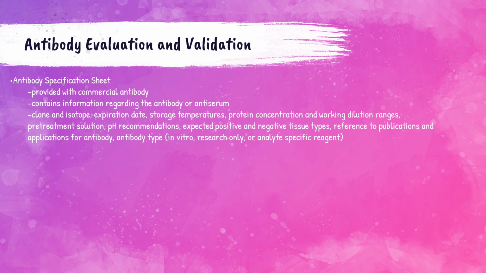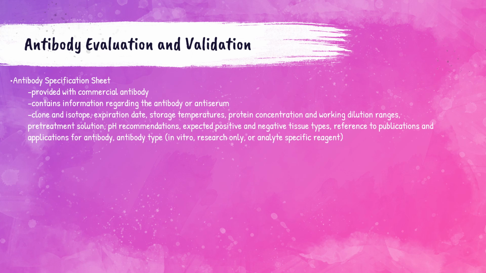Okay, so let's talk about the evaluation and validation of antibodies we use in the histopathology laboratory. An antibody specification sheet is provided with any antibody that is purchased for use. It contains information about the antibody or the antiserum.